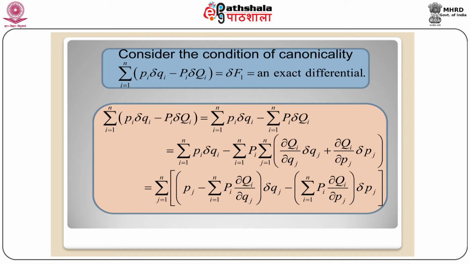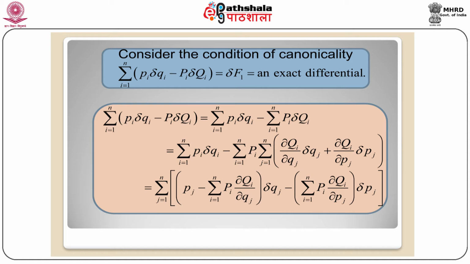Let us consider the condition of canonicality already obtained, given by the summation over i equal to 1 to n of pi delta qi minus Pi delta Qi equal to delta F1, which is an exact differential. Here delta means we are not considering the change in time.